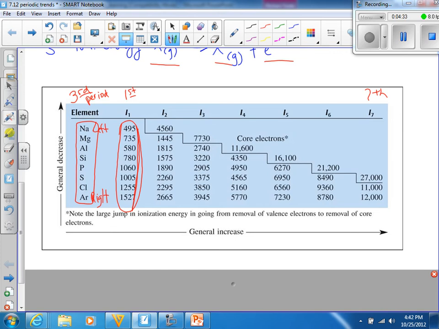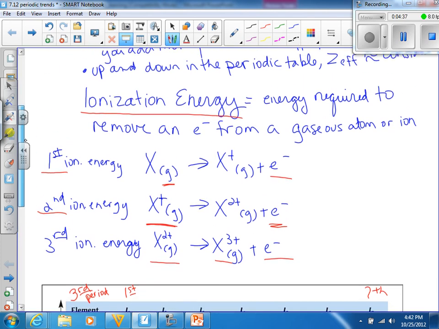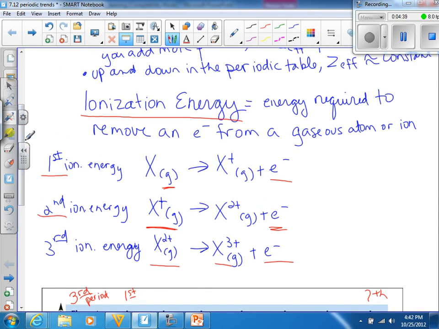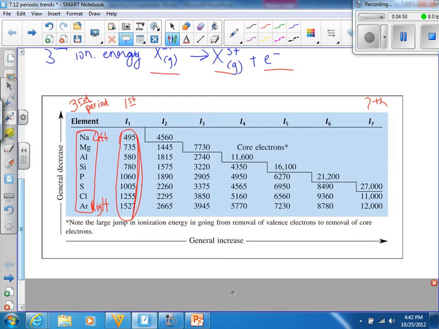So let's think about why that is. Ionization energy is the energy needed to remove an electron from an atom. We're talking about just the first ionization energy here. So if we're going to remove an electron from sodium, sodium has 11 protons.